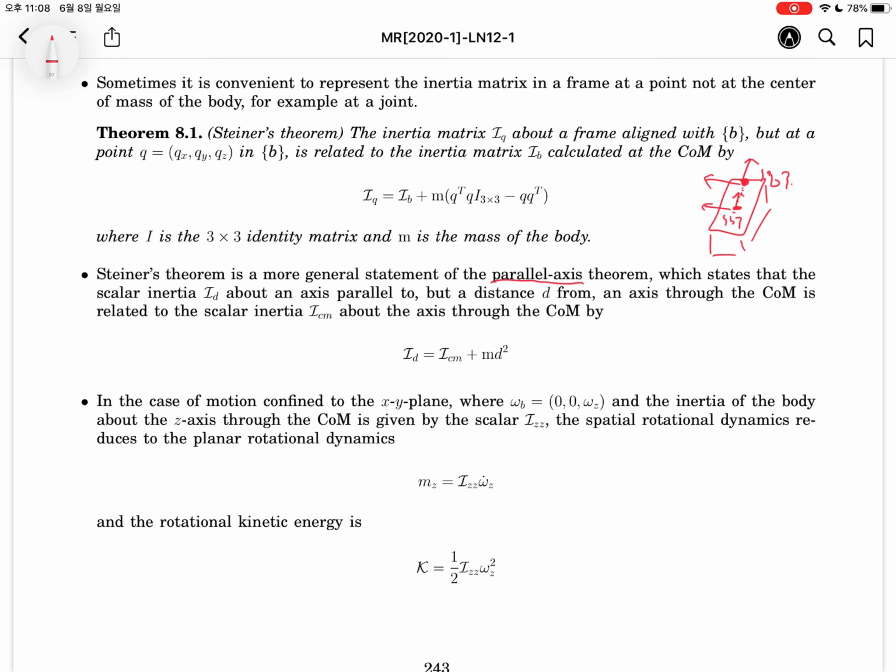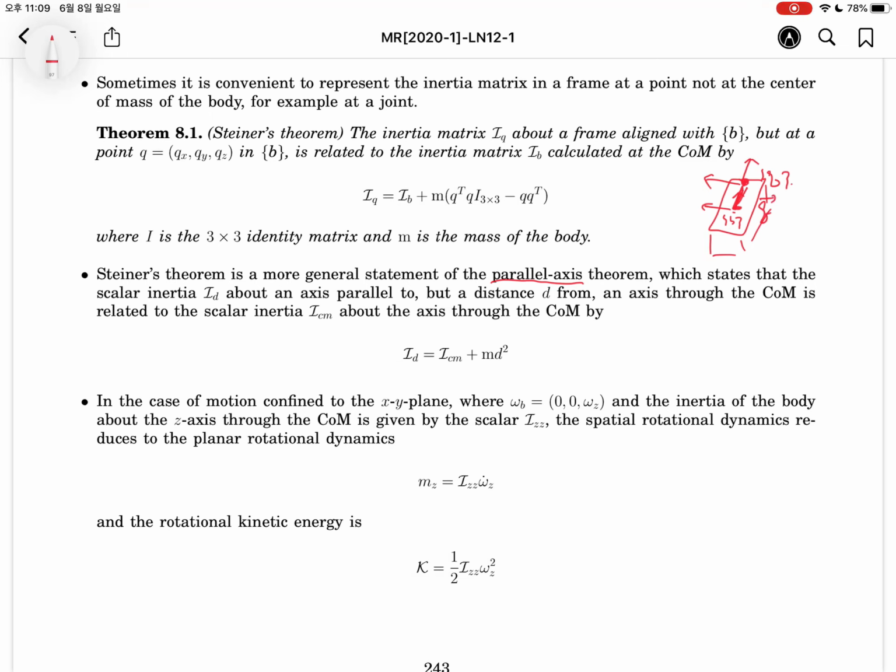In the previous slide, we talked about just the rotation matrix. Here, theorem 8.1 is about moving in parallel, along the same axis, but the distance can be chosen as a Q vector.